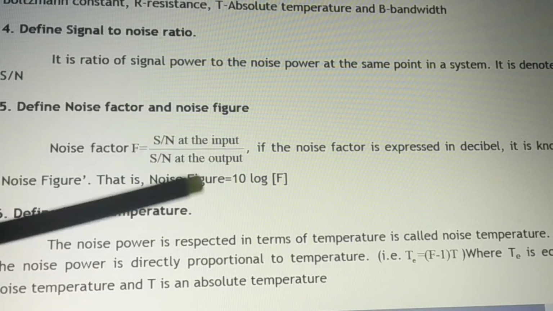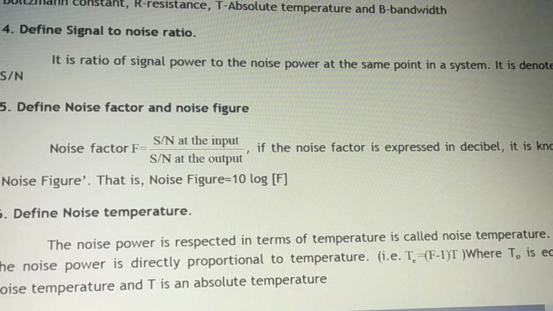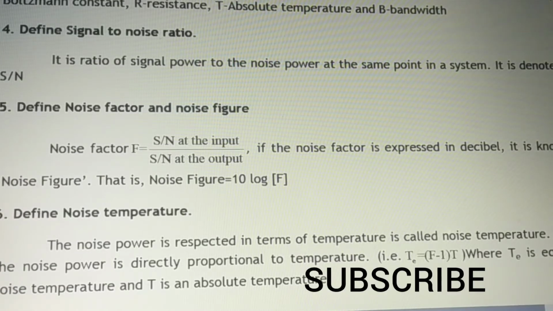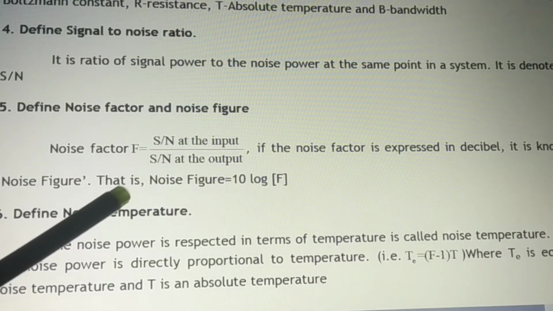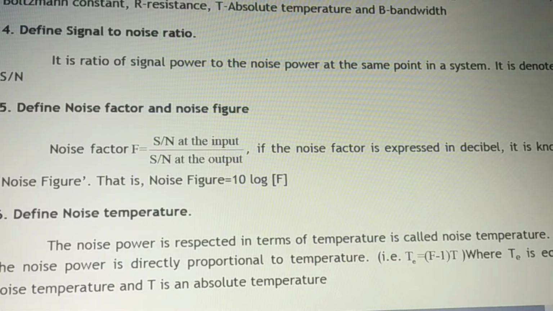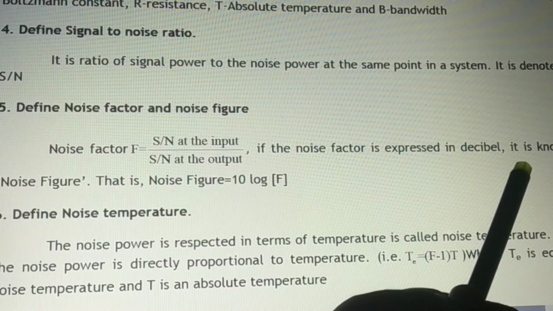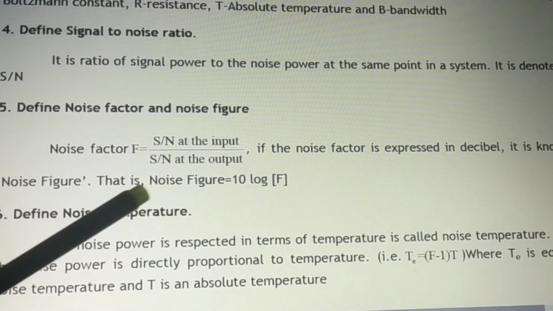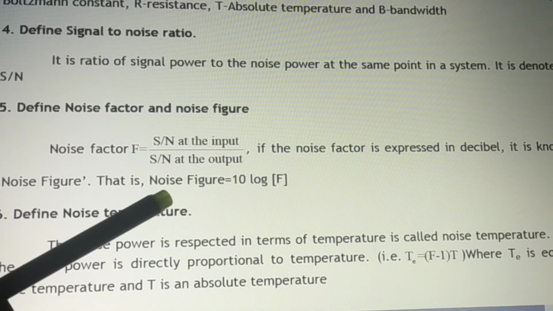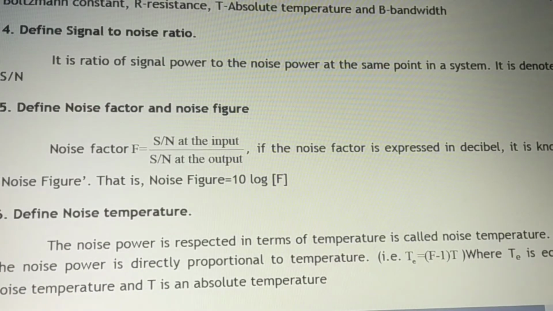The ratio between these two gives the noise factor. If the noise factor is expressed in decibels, it is known as noise figure. Noise figure F is equal to 10 log of F.